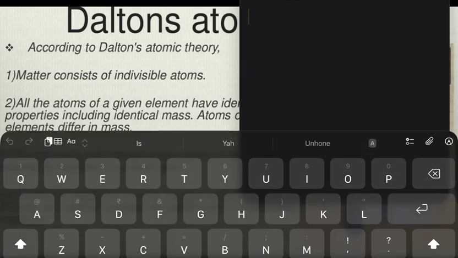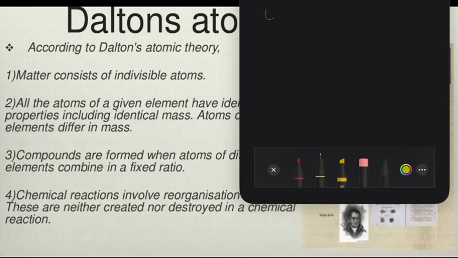Next, move to the limitations of Dalton's atomic theory. First, Dalton said that atoms are indivisible, but atoms are divisible, right?